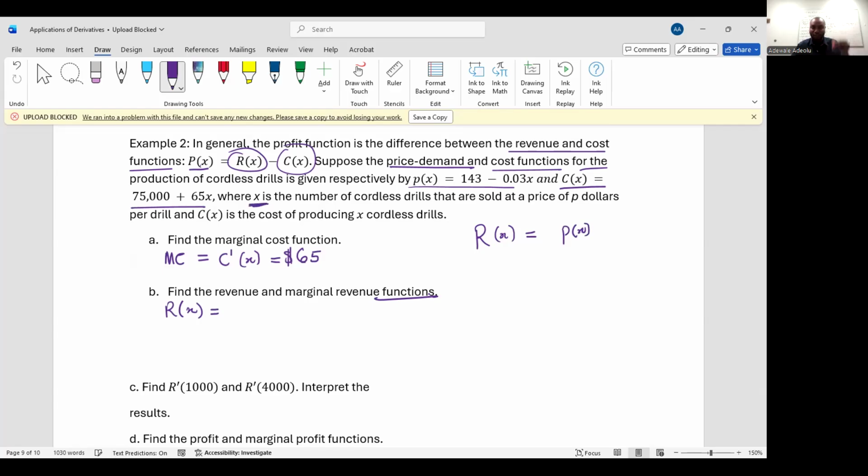X is the number of cordless drills sold, so that is X times P of X, which is X times 143 minus 0.03x. So this is 143x minus 0.03x squared. That is the revenue function.